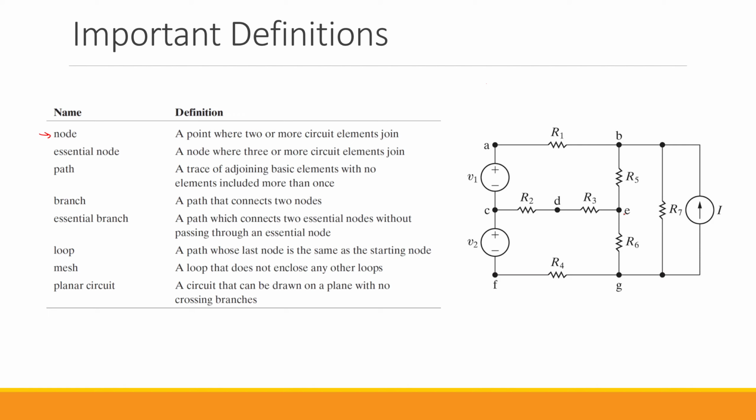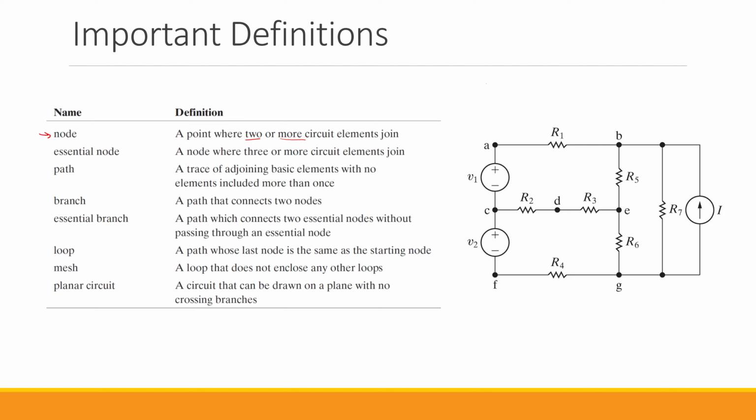What about node E? Node E basically connects R3, R5, and R6. As you can see, a node is a point where two or more circuit elements join. But even in this very basic example, you see that there are nodes where more than two circuit elements join.